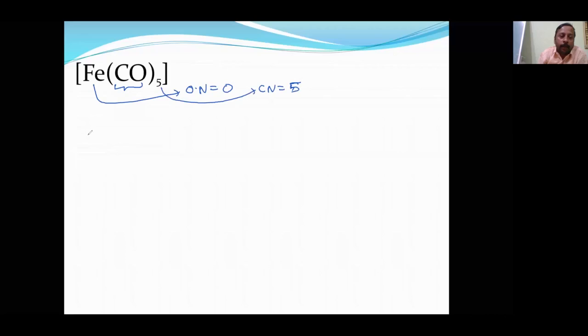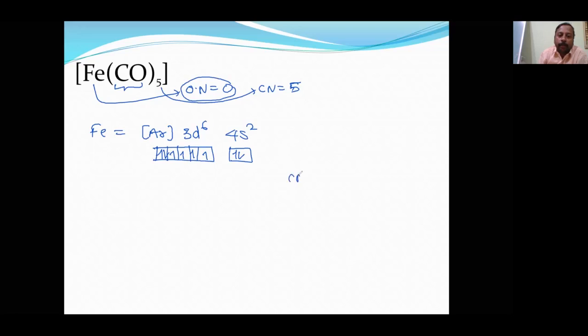So iron you can write as it is: helium, neon, argon 4s2 3d6. We need not remove any electron because the oxidation number is 0.